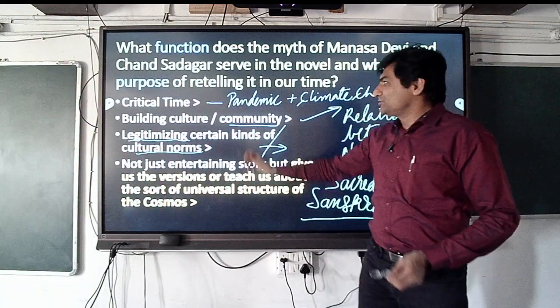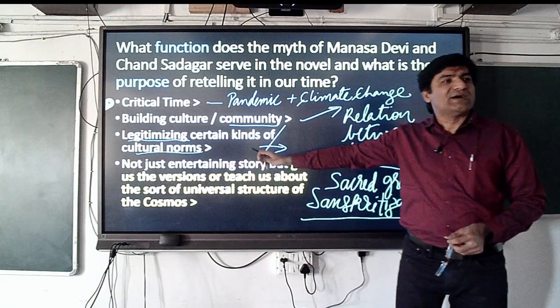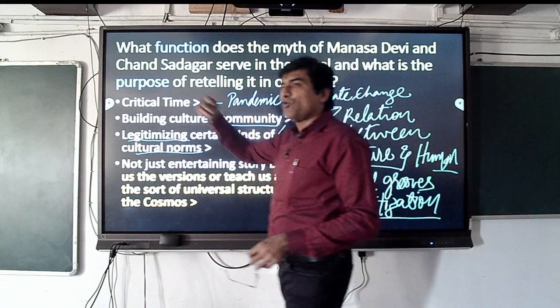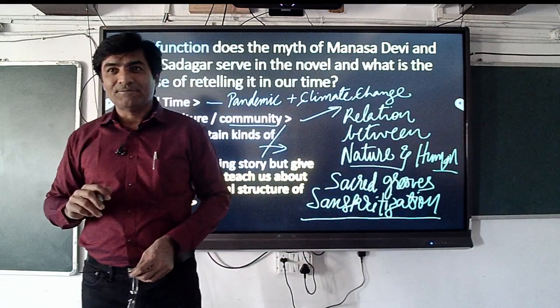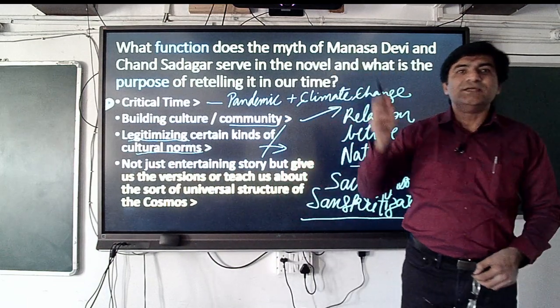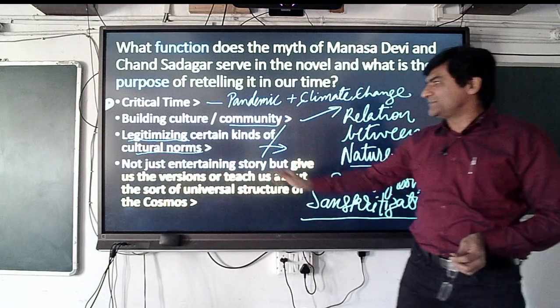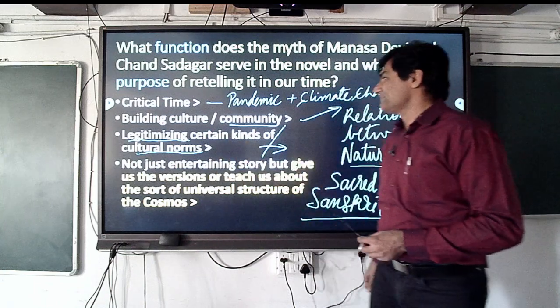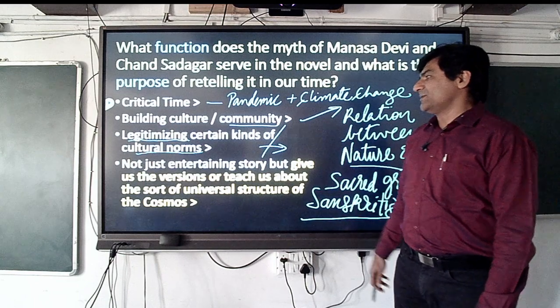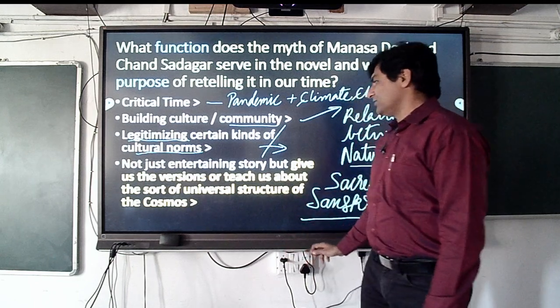So we need to build a community, or we need to legitimize our cultural norms in such a way where we invoke past history, or we invoke the community life which was lived by the people in sync with nature. That becomes very important here. They are not just entertaining stories, but teach us about the universal structure of the cosmos also.